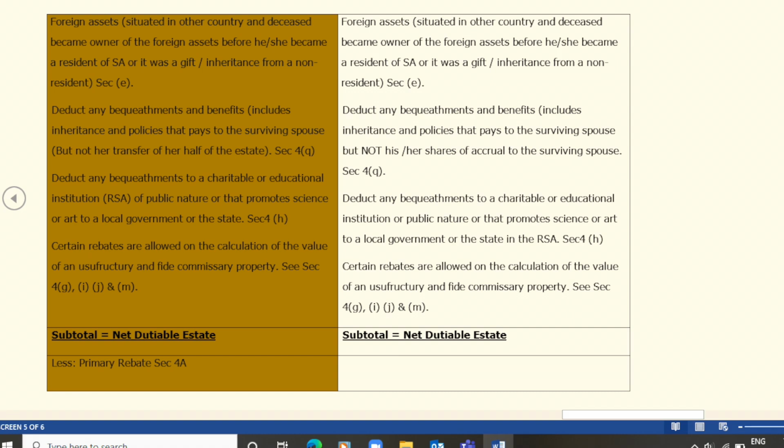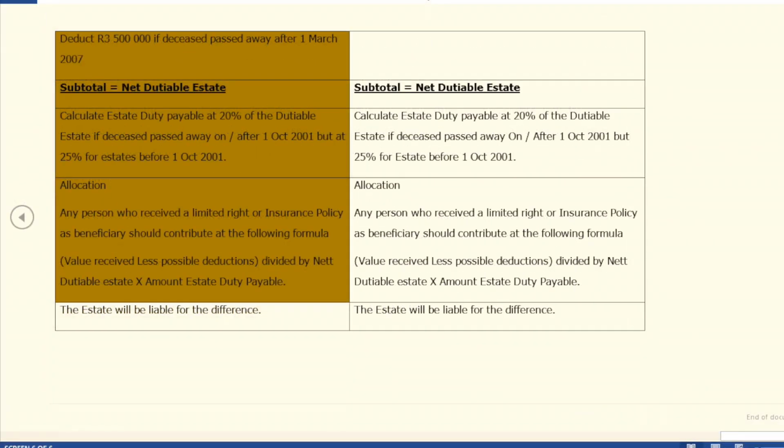Then you will come to the subtotal of the net dutiable estate after doing all these deductions provided in your questions, if they apply. You will then deduct the primary rebate in terms of section 4A of the Estate Duty Act, and that is 3.5 million if the deceased passed away after 1 March 2007.